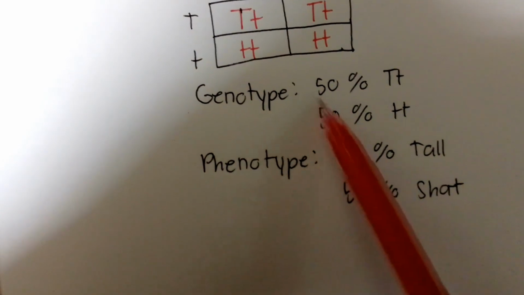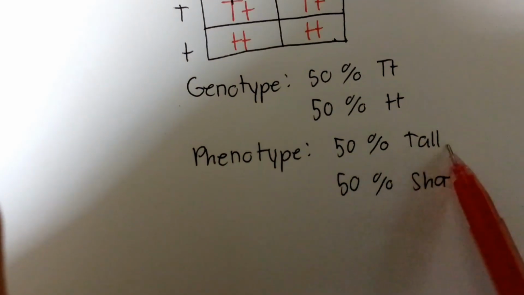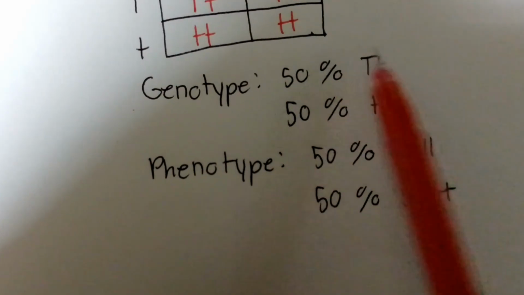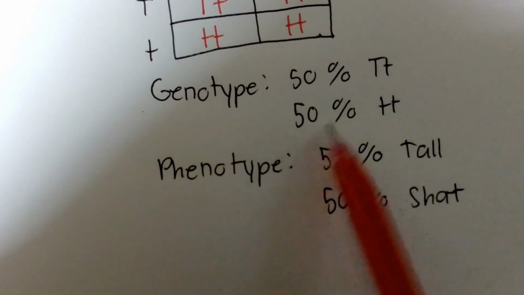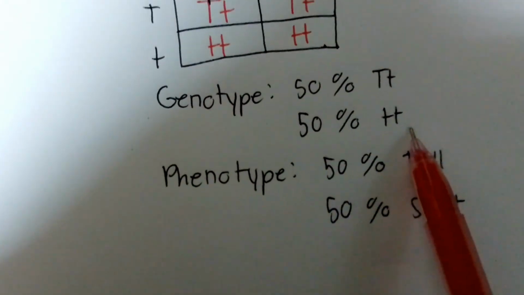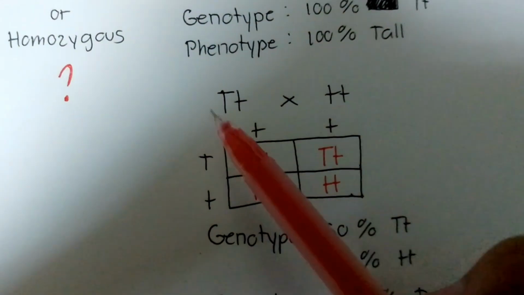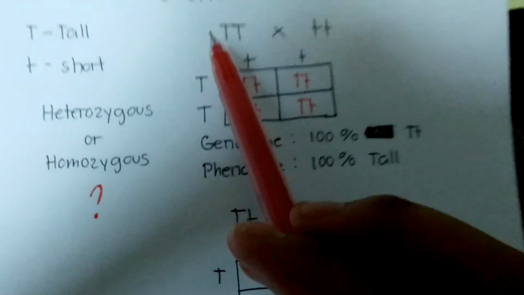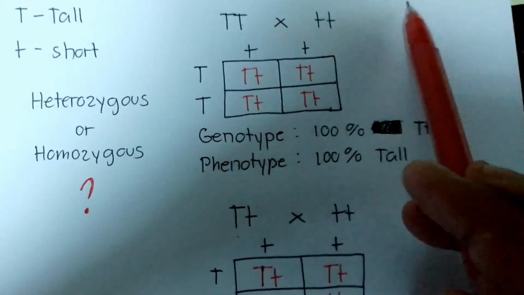The phenotype is also 50% tall, since the capital letter T is tall, and 50% short, since homozygous recessive. Which means the heterozygous dominant is the genotype of the two short offspring. Okay?